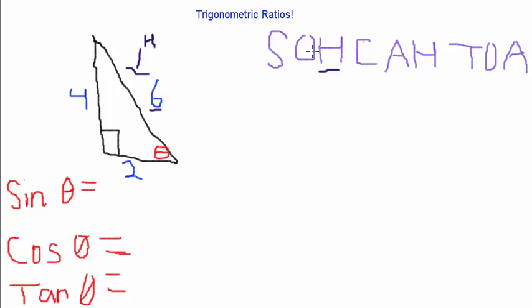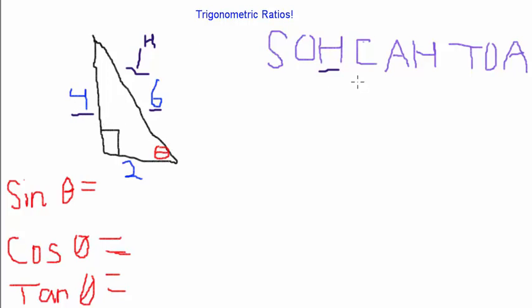The opposite is, as the name implies, the side that is opposite to theta. And so in this case, it would be 4, right? Because this angle is on the opposite side of 4.